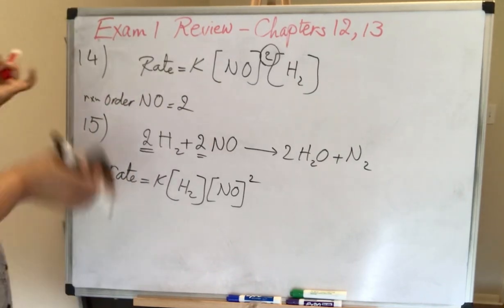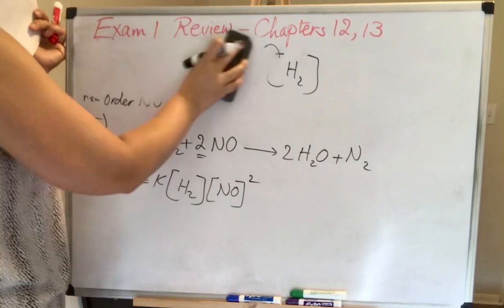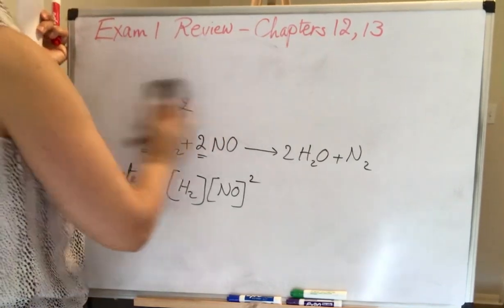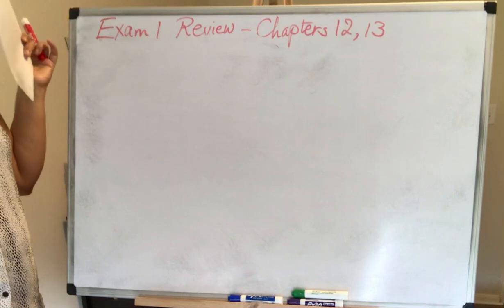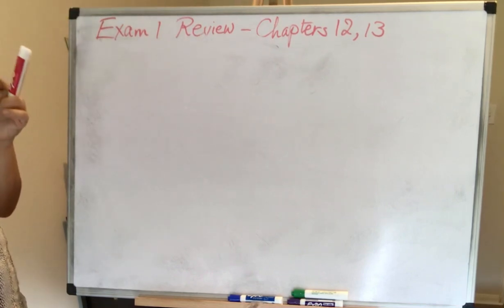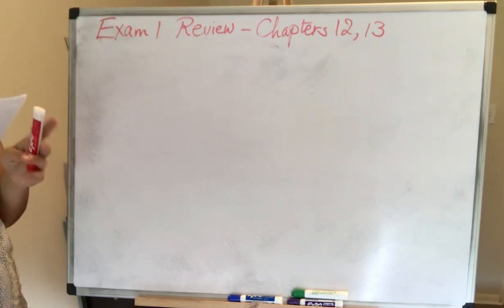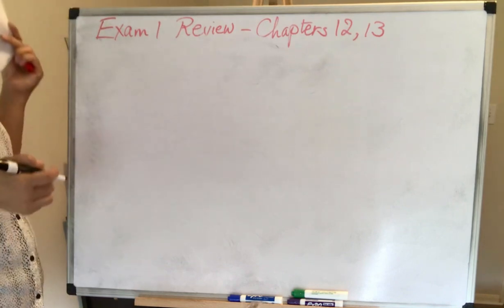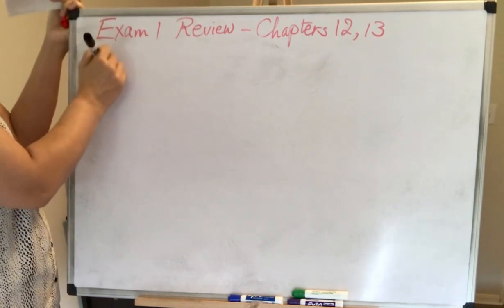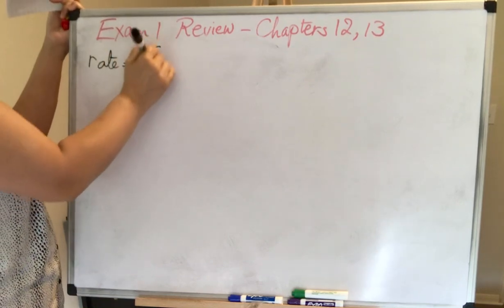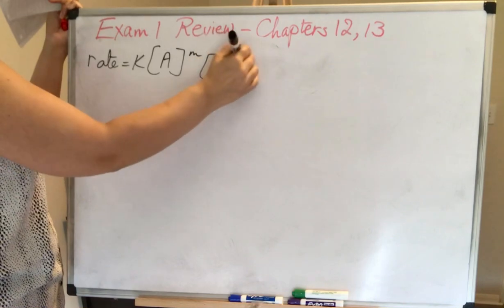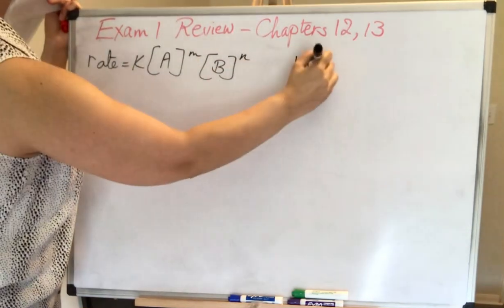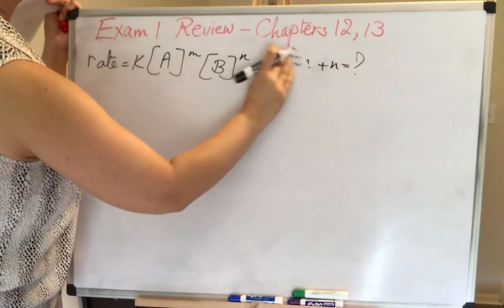All right. A little bit more calculation for this question, number 16, initial rate method. There is a data table given. I'm not going to draw it. It takes some time. We are supposed to find the overall order of the reaction. So if we write the rate law as A to the power of m and B to the power of n, we are supposed to find m plus n.